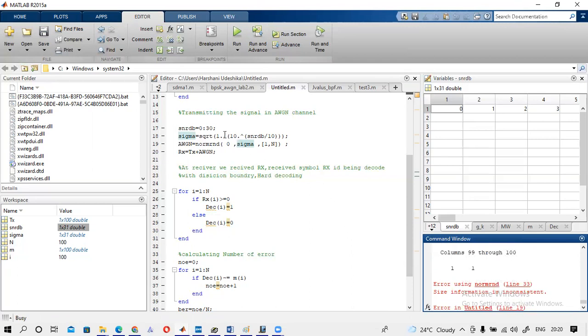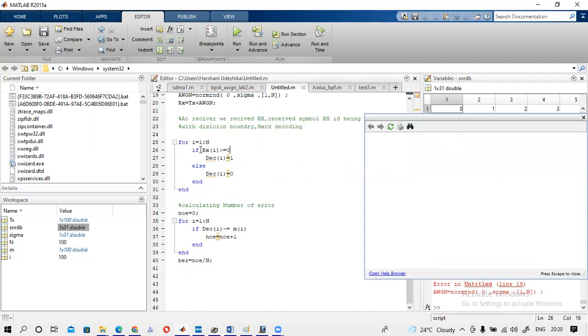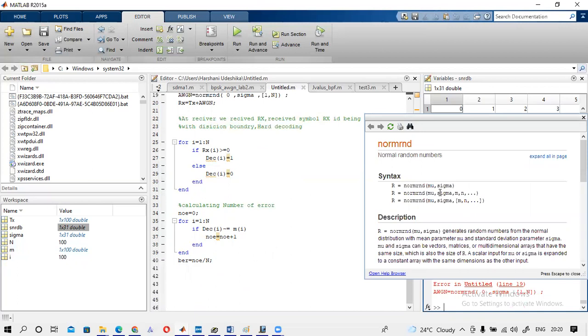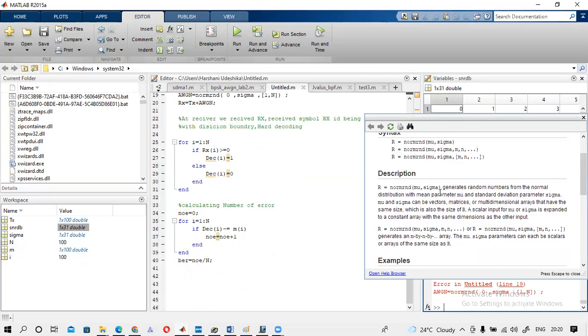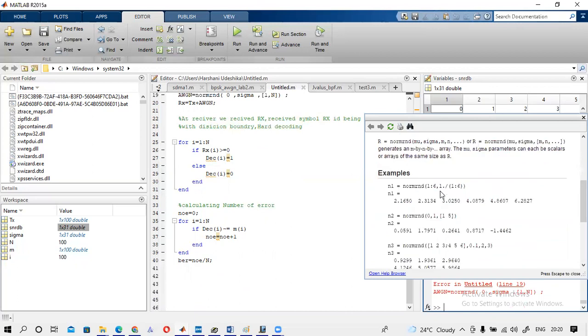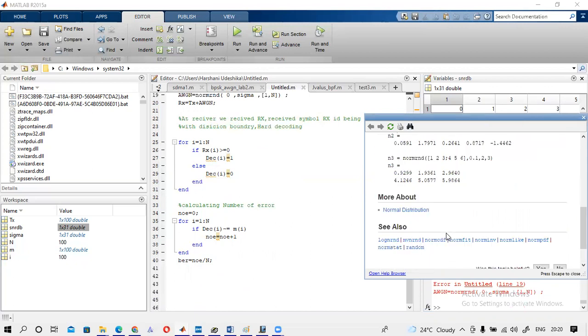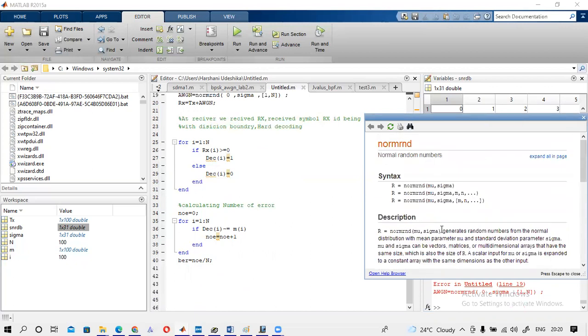So here we are using this one. Let's see. I use this way, no? So it is okay. So what is the problem?